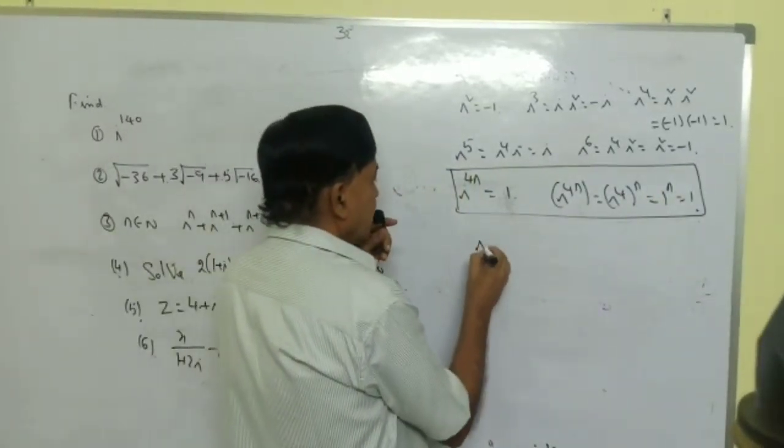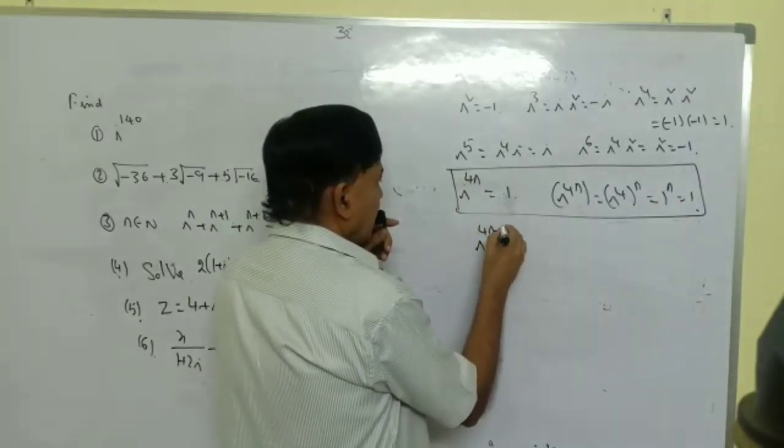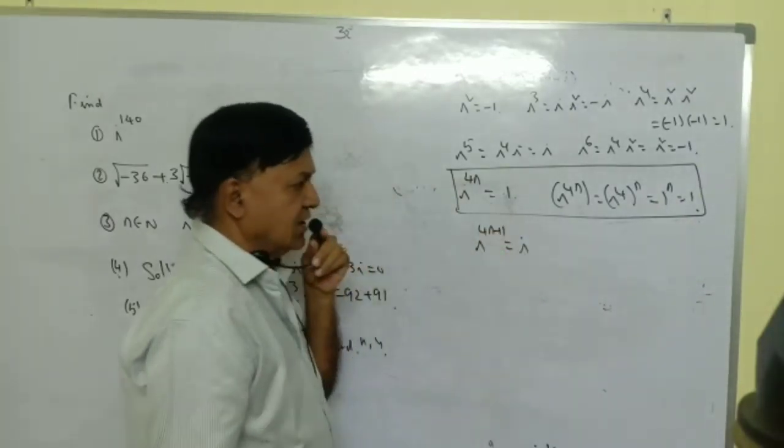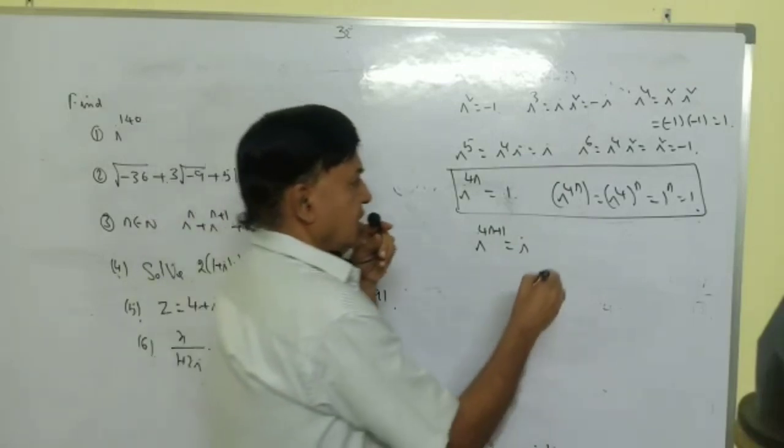The next point is i power 4n plus 1 is equal to i. Why?